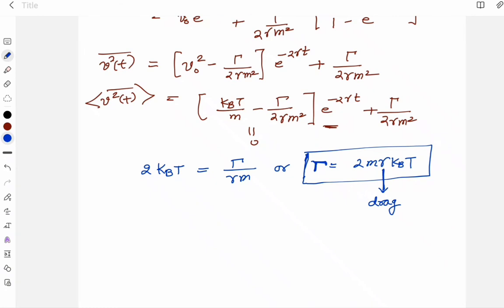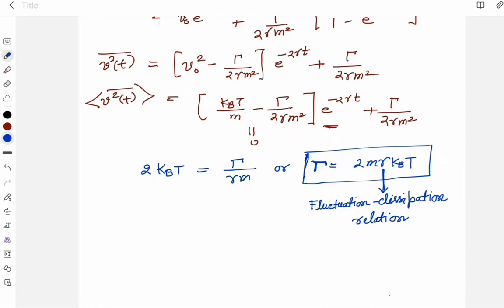So the noise and drag are actually related, and this relation is known as the fluctuation dissipation relation. This noise is actually like fluctuation, and this gamma is like dissipation.